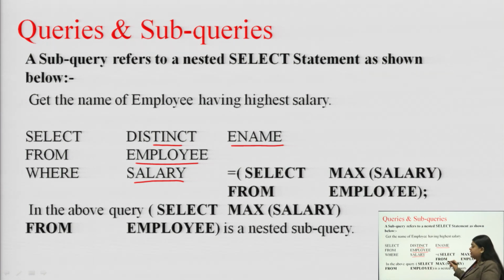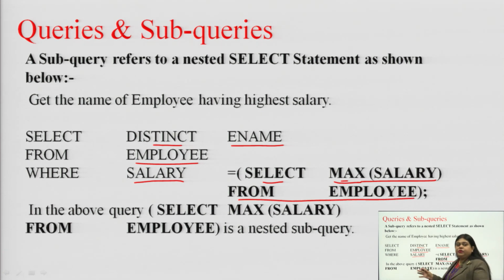It is going to get the salary from that employee who is having the max salary. So, how to calculate the max salary? First we will be using the max function. The aggregate functions we will do in detail, but right now you see how we are using the max function. So, select max on the salary attribute from where? From the employee table.